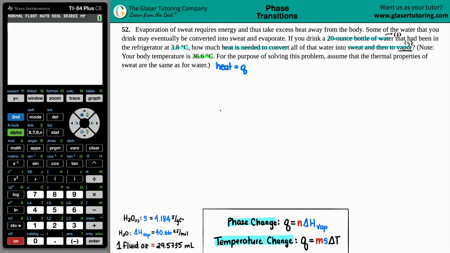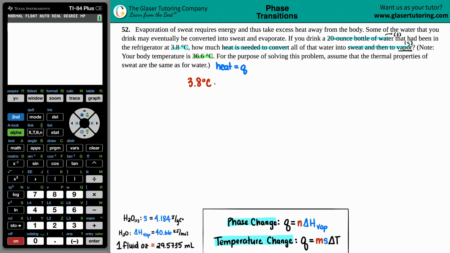So in this case, the bottle of water started off at 3.8 degrees Celsius, so I'll write that down. So we're starting off with 3.8 degrees Celsius. The bottle of water came out of the refrigerator, very cold, and was drunk.